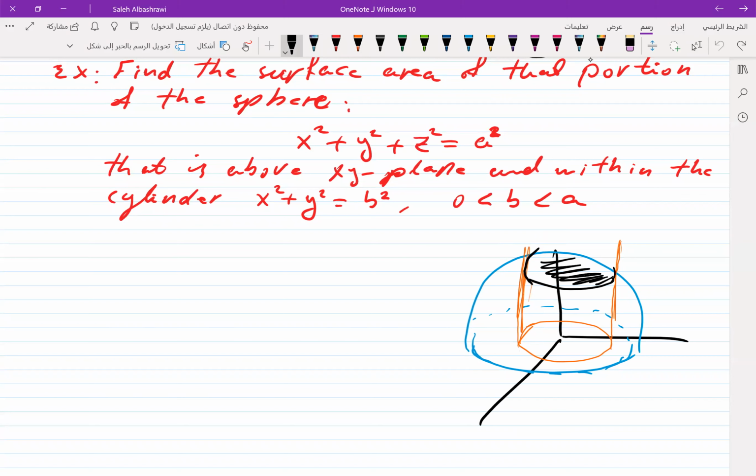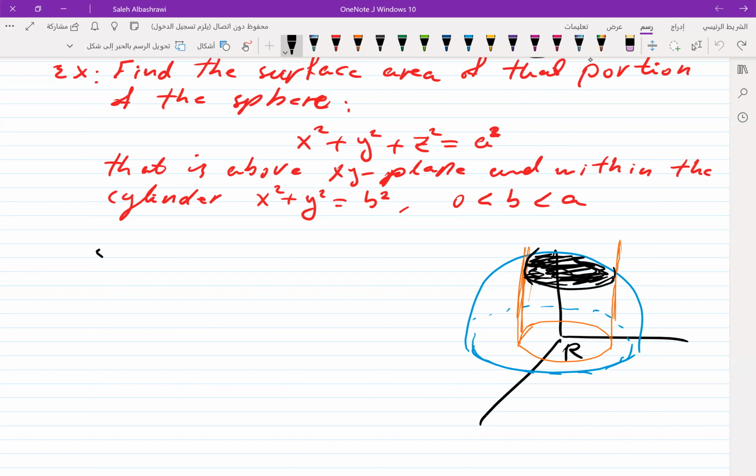So we need to find the area of this part of the sphere. This is the meaning of finding the surface area over the given region R in the xy plane. R is given by the circle x squared plus y squared equal to b squared. The surface area is the double integration of the square root of 1 plus f sub x squared plus f sub y squared.